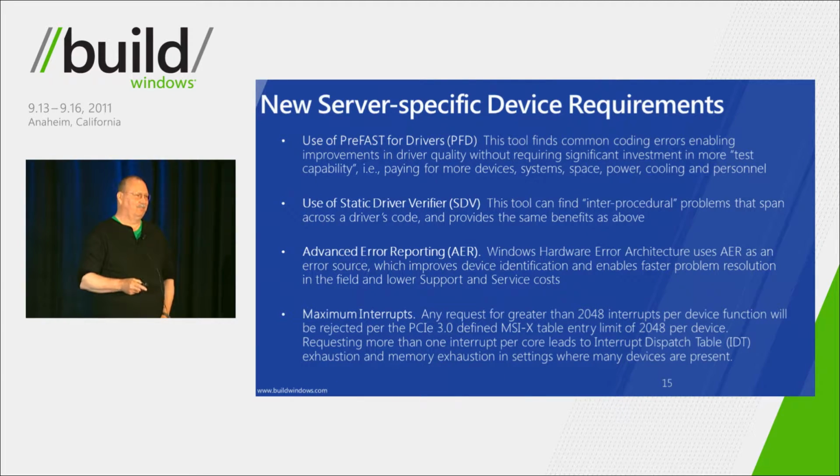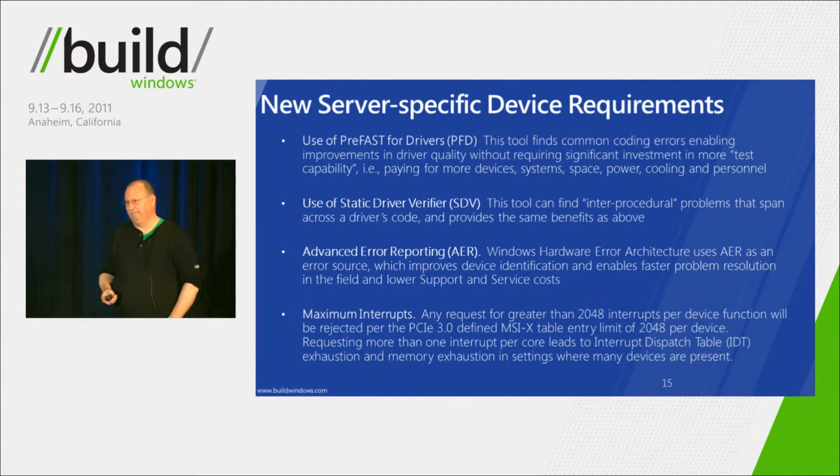The interrupt dispatch table will become exhausted, or the memory in the system will become exhausted. Either way, someone will put in an adapter, install the driver, the system will either pop immediately with an error 10 or an error 12 or at the next reboot, and all of a sudden the device doesn't work or some other device doesn't work.